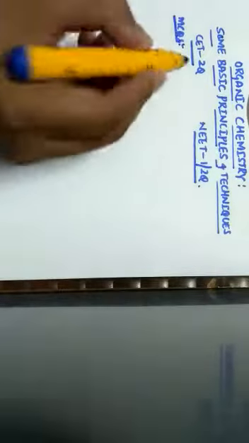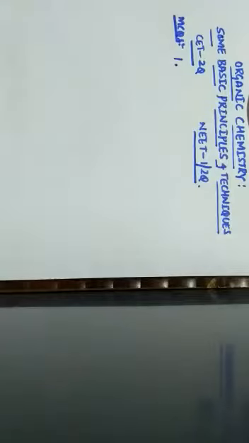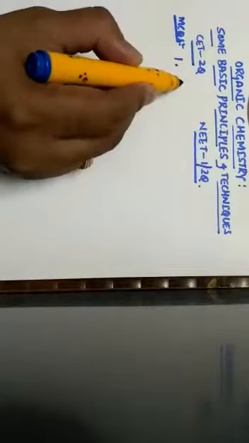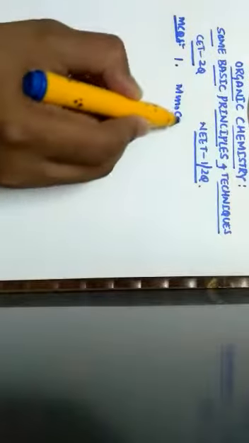So first one, an example for a saturated fatty acid present in nature is... When it comes to a saturated fatty acid, it should be a monocarboxylic acid.